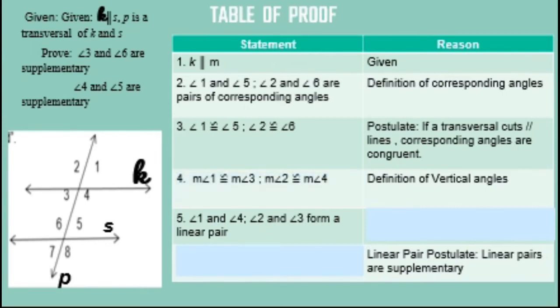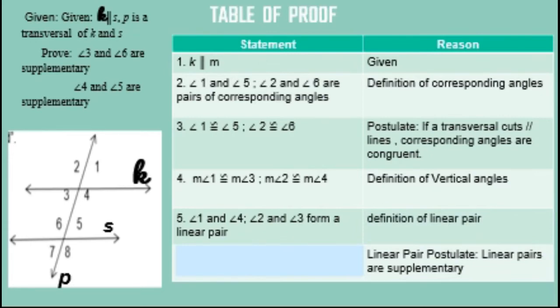Okay, measure of angle 1 is congruent to measure of angle 3. Measure of angle 2 is congruent to measure of angle 4. How about the reason for our fifth statement? Angle 1 and angle 4, angle 2 and angle 3 form a linear pair. Okay, definition of linear pair.